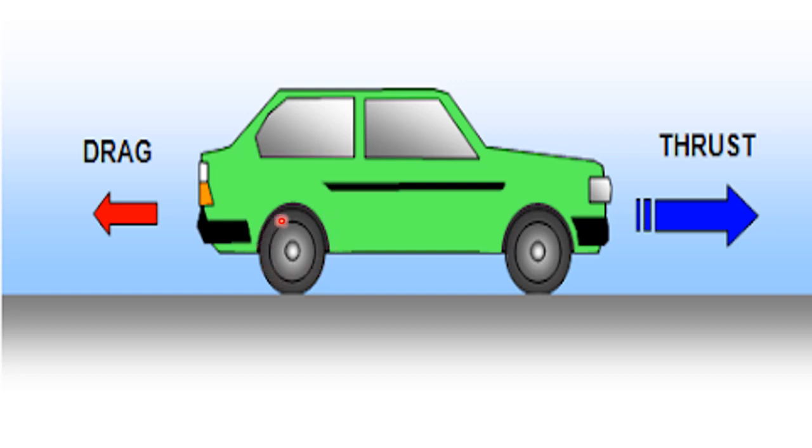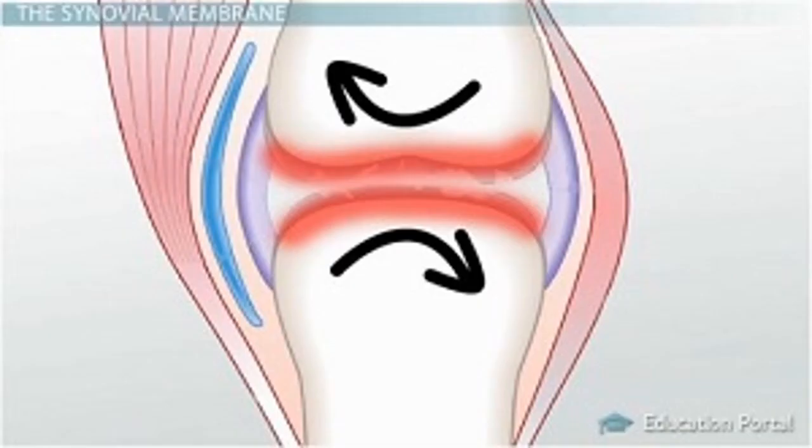Same as in this tire, frictional force acts in the opposite direction to the applied force. Also, scientists have discovered that there is even less friction in your joints than in Teflon.